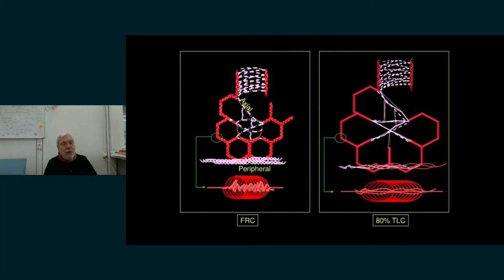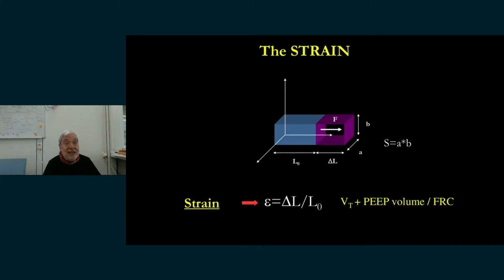So when you consider mechanical or spontaneous ventilation, you have to consider the limits of our battlefield. And the limits of our battlefield are dictated by the anatomy, by the intrinsic elastic and collagen characteristics.